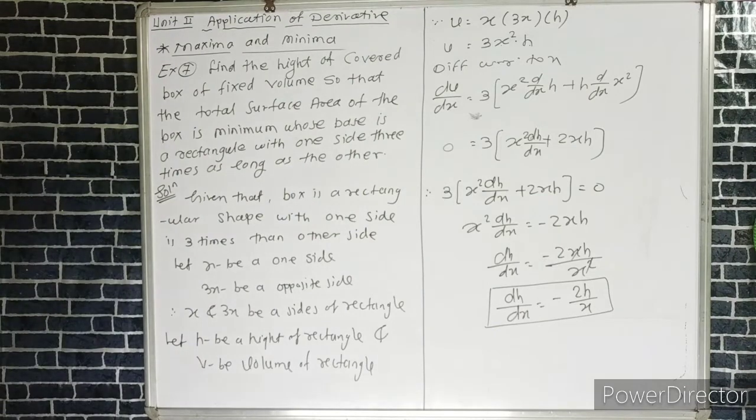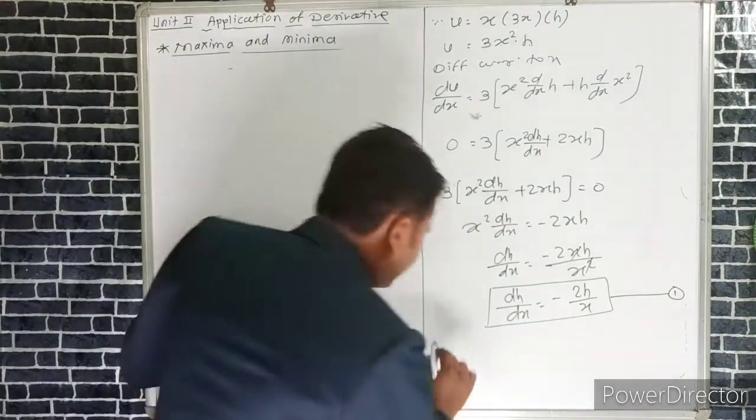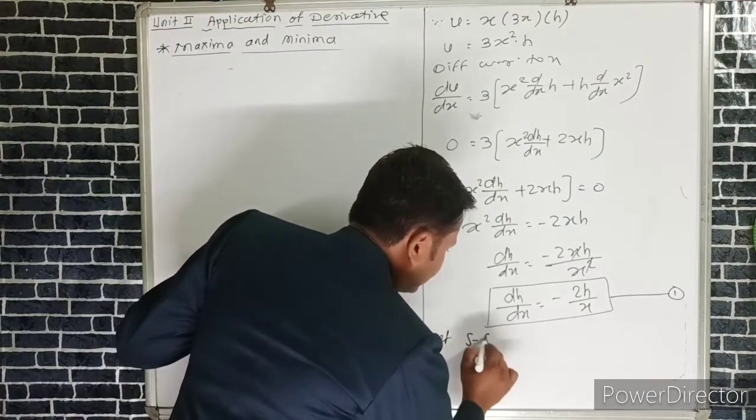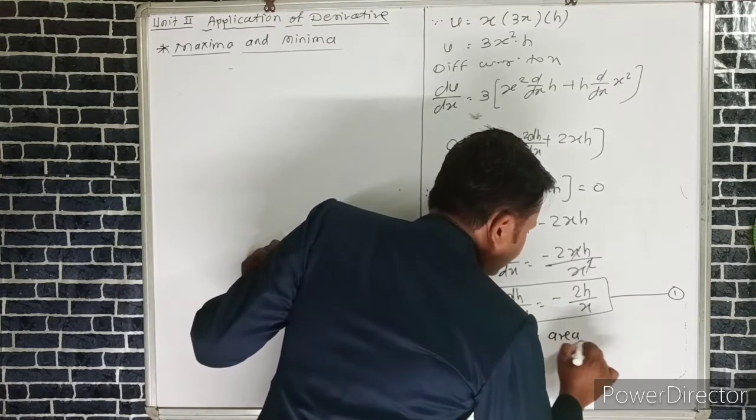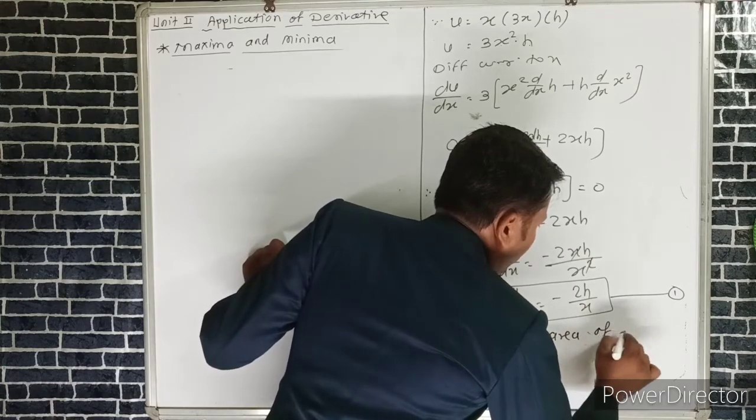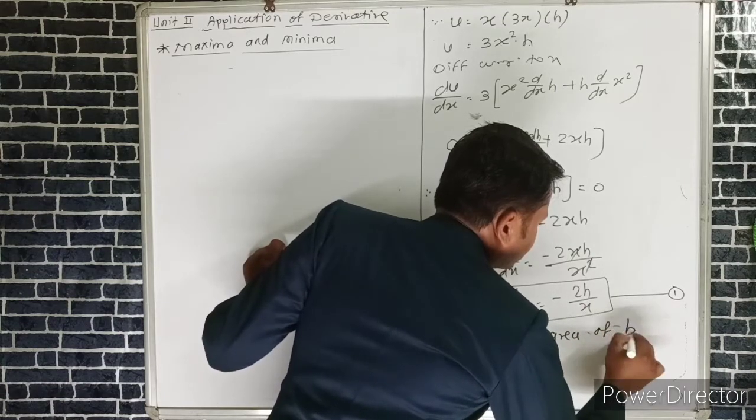But here, let S be the surface area of the rectangular box.